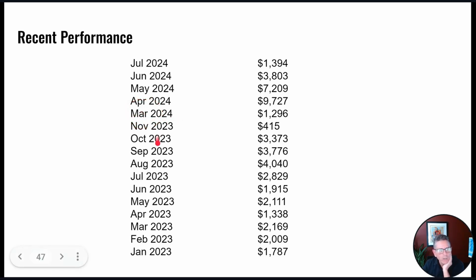But you can see here that the consistency is just phenomenal. It's really, really good over time. Remember, these are every month. So there are losses in there, but overall, this is the best way to manage these trades.